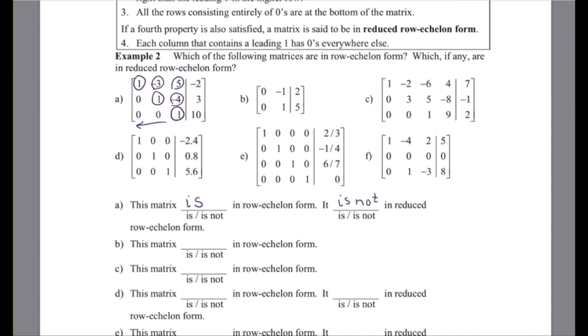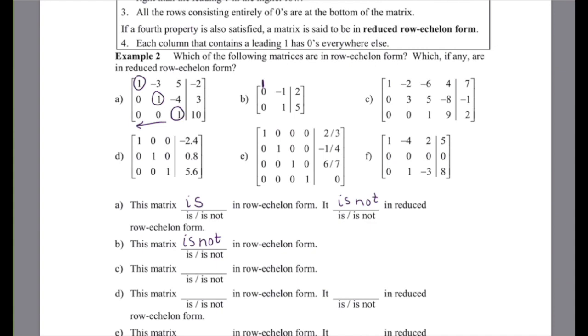Part B: 0, negative 1, 2, 1, 0, 1, 5. This is not in row echelon form, because we would need to have a 1 in this corner up here.